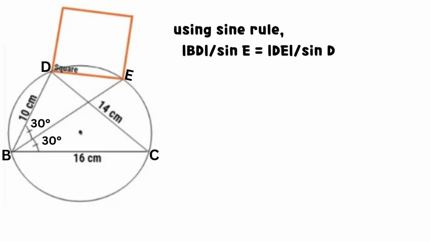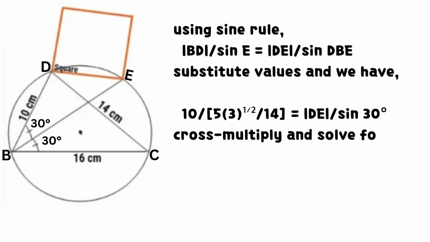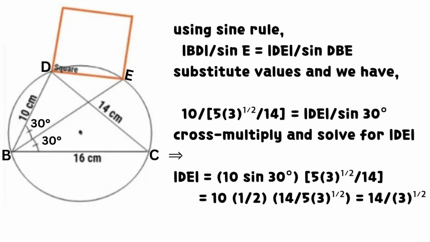Using sine rule, the ratio of line BD to sine E equals the ratio of line DE to sine DBE. Substitute values, cross multiply and solve for line DE.